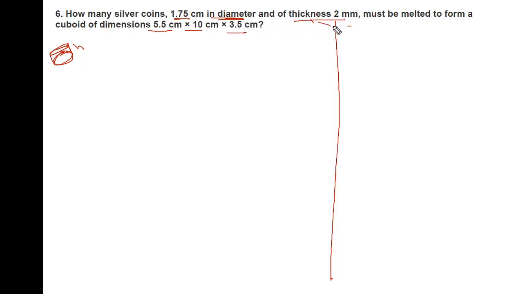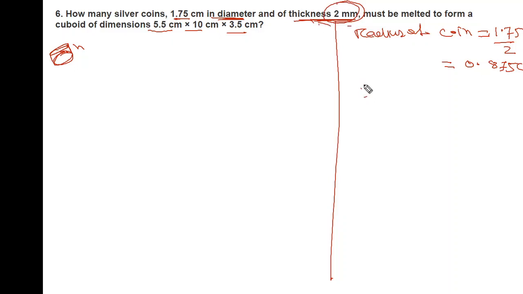So let's start. Here radius of coin is equal to, 1.75 cm is the diameter, so 1.75 divided by 2, which is equal to 0.875 cm. Again, thickness is given, but you remember here thickness is in mm, so you have to convert it into centimeter.